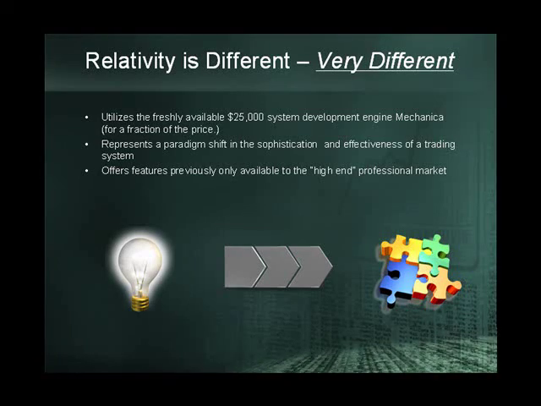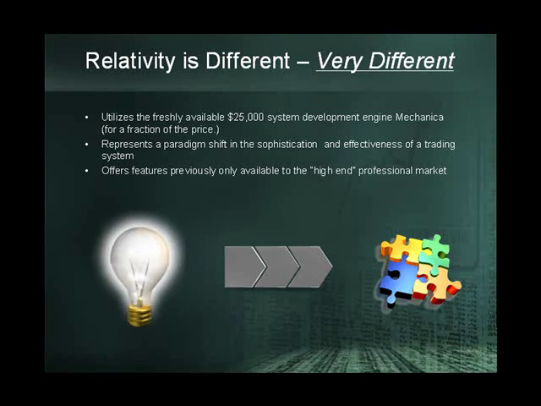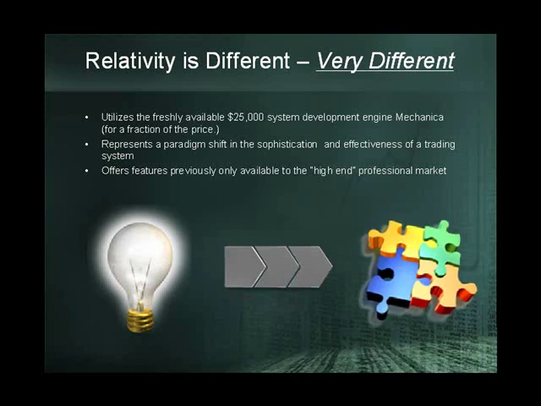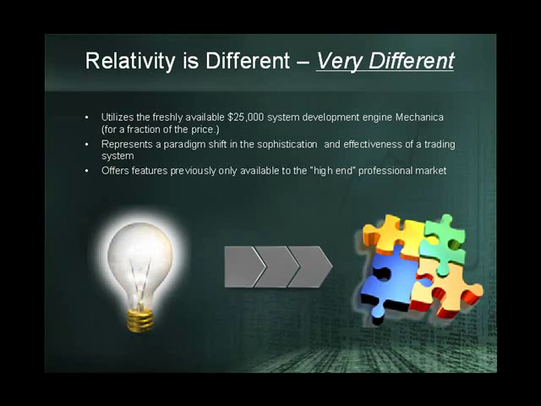And fortunately, Bob Spear, the developer of Mechanica, recently came out with a runtime or a read-only version of the professional version of Mechanica, and this was an amazing thing to happen because it allowed the price tag to come way down and it allowed the features available in a trading system to go way up. And it is that synergy between those two things that I have utilized in the development of the Relativity Trading System.